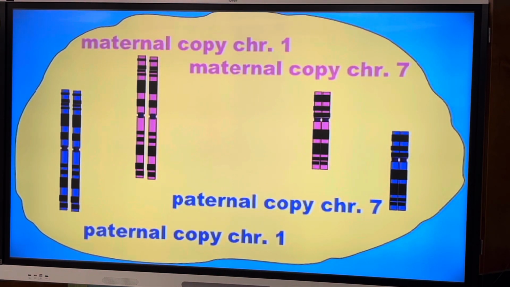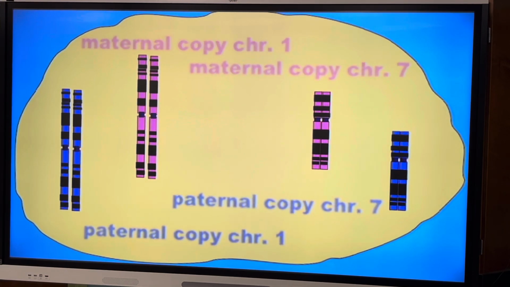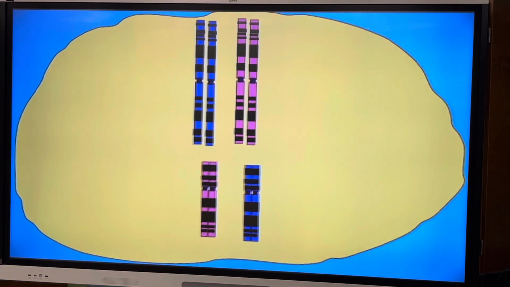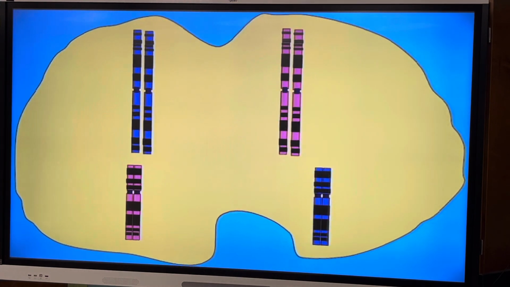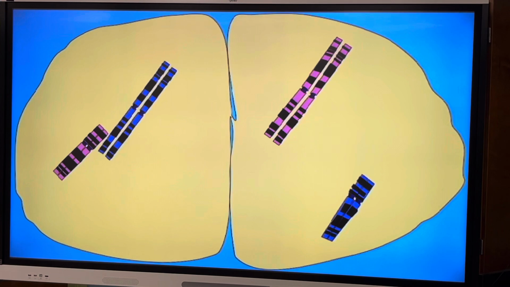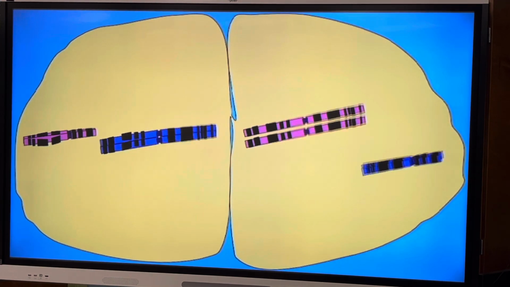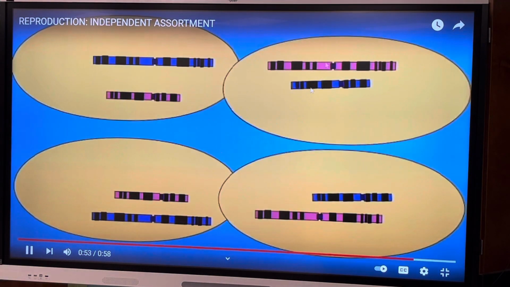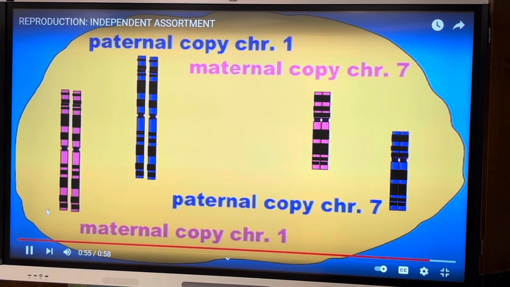But this is not the only possible pattern. Because the chromosomes are assorting independently, it is also possible for a gamete to receive the maternal copy of chromosome 1 and the paternal copy of chromosome 7, or the paternal copy of chromosome 1 and the maternal copy of chromosome 7. Our chromosomes assort independently. Chromosomes from one parent do not hang out in a group, always going to the same gametes.